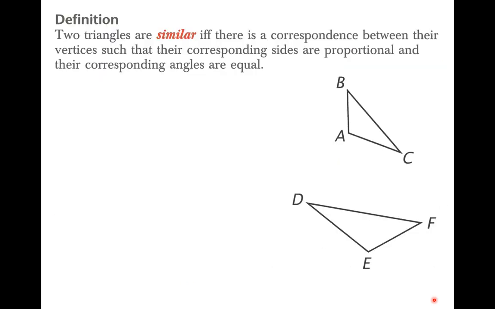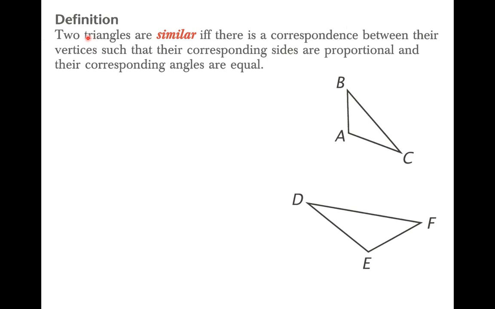So here's our definition of similar triangles. We had one kind of like this for congruent. Remember that one went, two triangles are congruent if and only if there's a correspondence between their vertices such that their corresponding sides and angles are equal, or we said CPCTE.